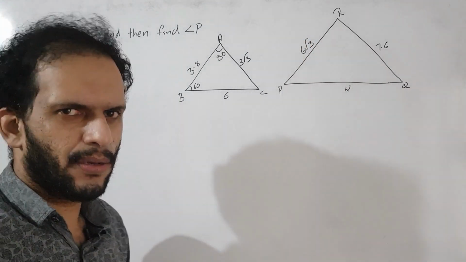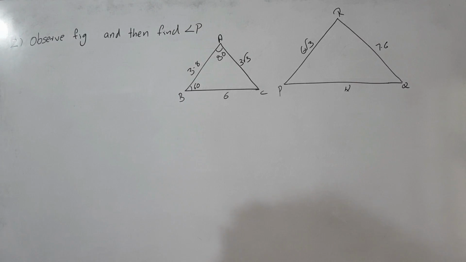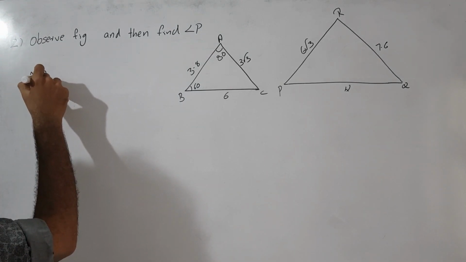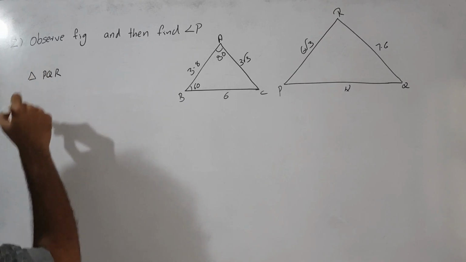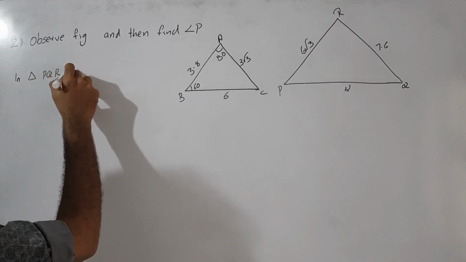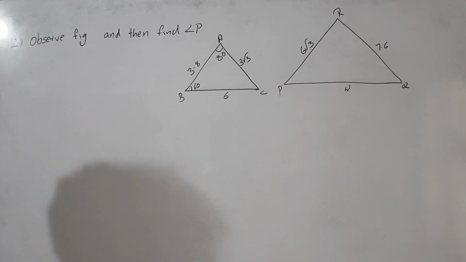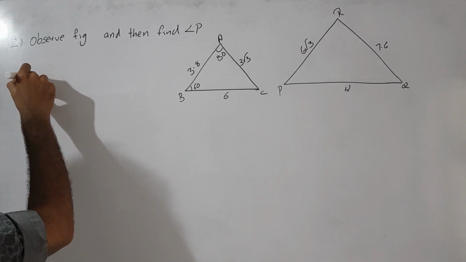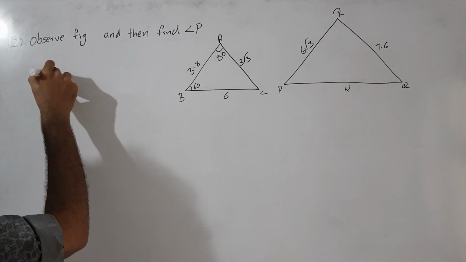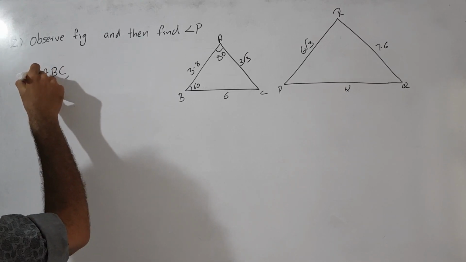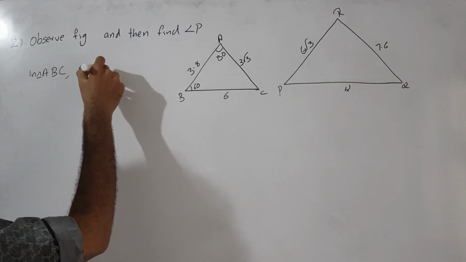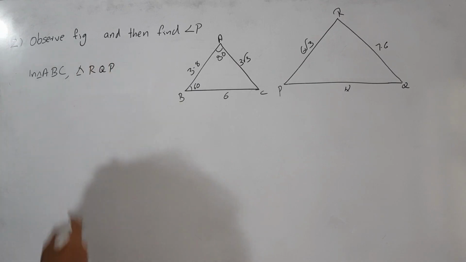So we are checking that. We choose the triangle like this: triangle ABC and triangle RQP.